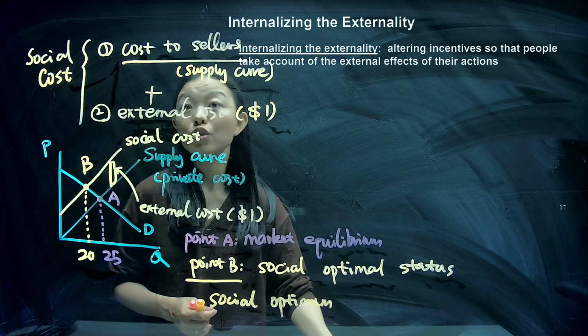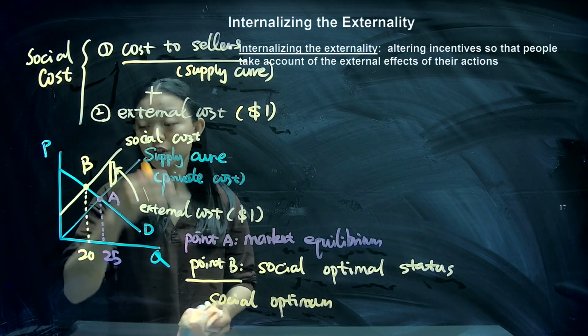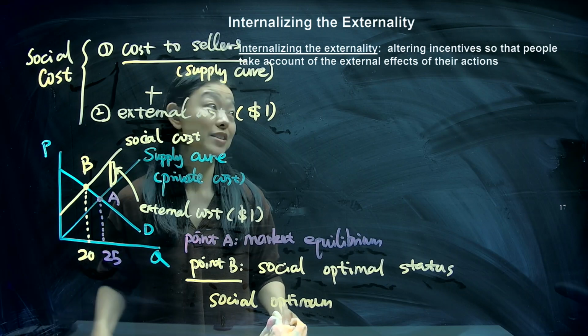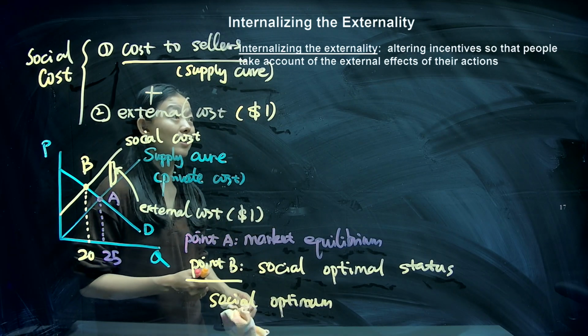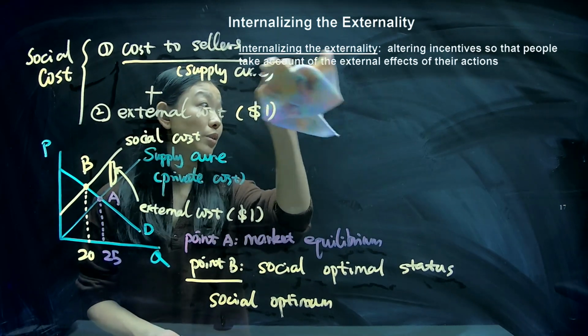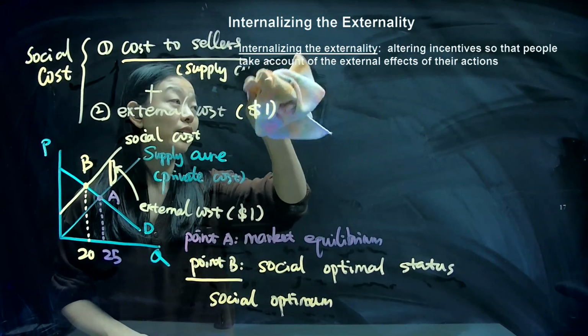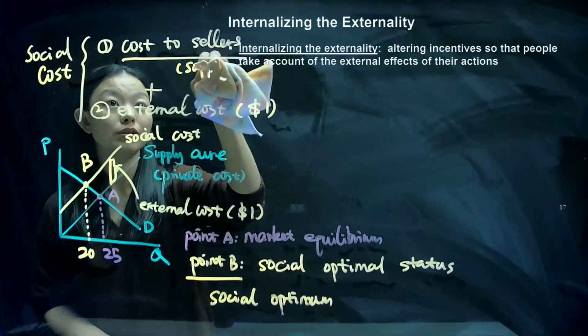Sometimes governments can do things to reduce the negative externality, which is to internalize the externality.